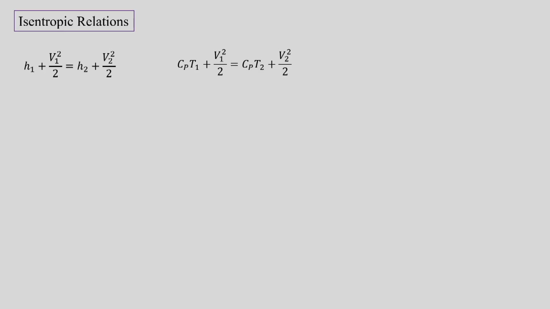We know that H is equal to Cp into T. So, Cp into T1 plus V1 square by 2 is equal to Cp into T2 plus V2 square by 2. Our argument at this moment is that Cp is constant for the fluid flow, and since it is a perfect gas with a constant Cp, it is called a calorically perfect gas.